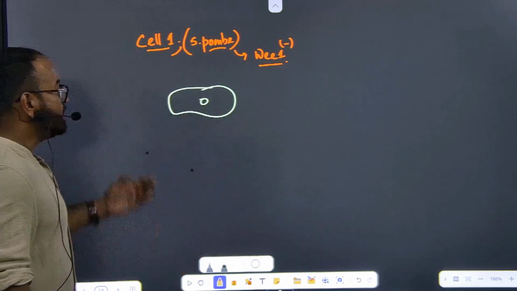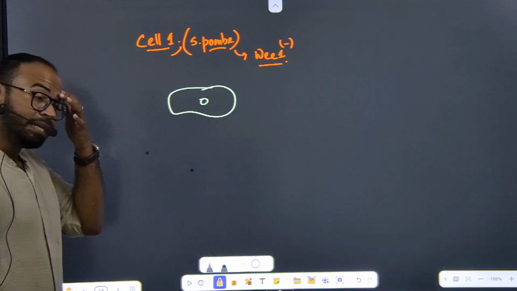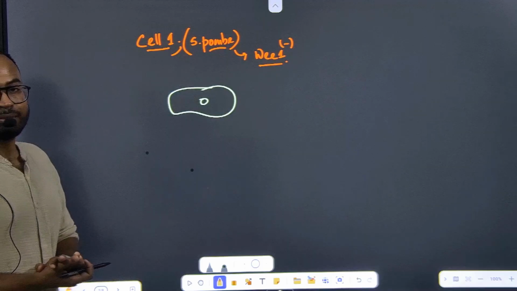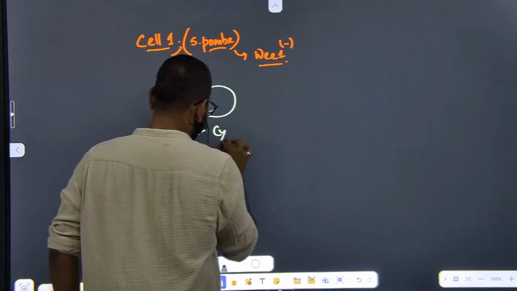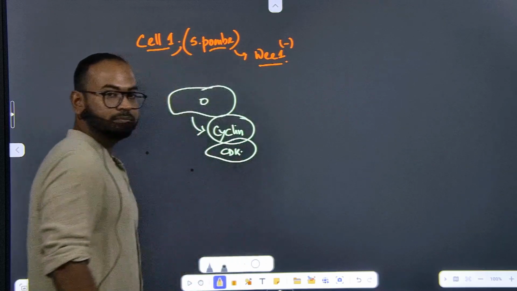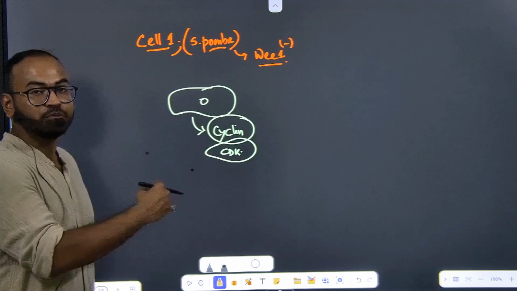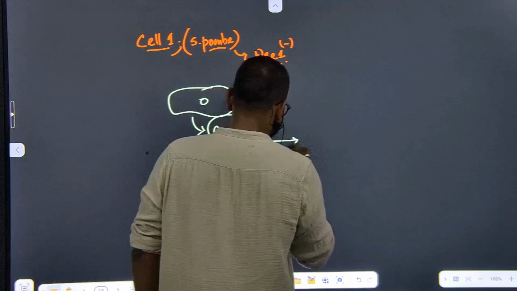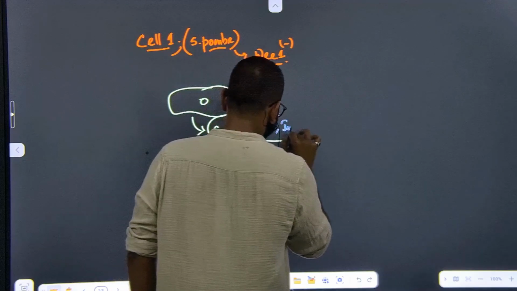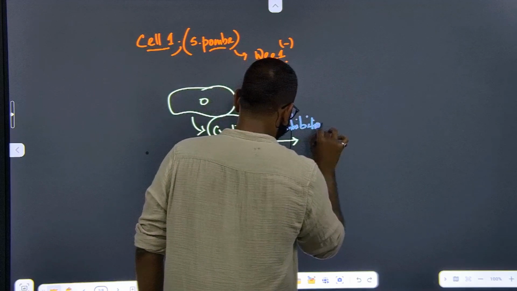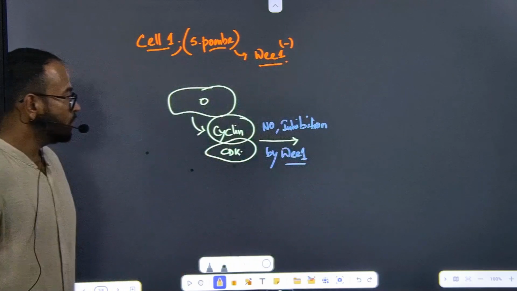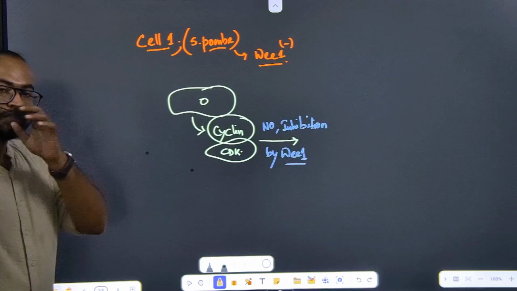Suppose within that cell, because of the V1 mutant, cyclin and CDK, specific for Saccharomyces pombe, are not getting hindered, no inhibition by V1, as V1 is mutated. So for cyclin and CDK, there is no V1.